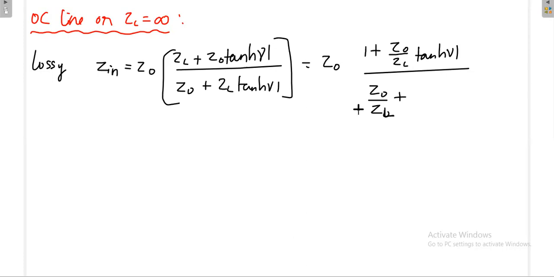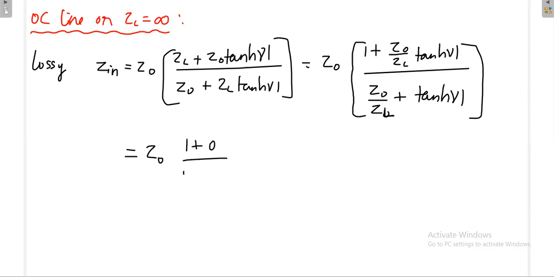You are taking ZL outside from both. Then you substitute ZL equal to infinite: Z0 (1 + 0) divided by (0 + tanh γL). What happens is that tanh goes to the denominator, so that is Z0 coth γL.